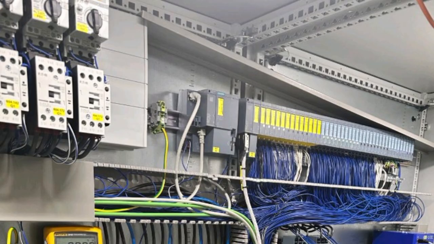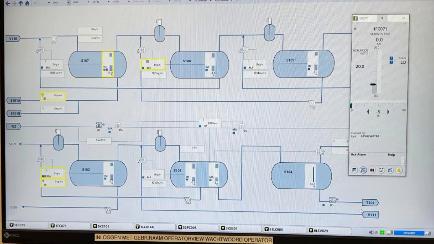Above this, the Supervisory Control and Data Acquisition System, or SCADA, collects data from multiple DCS units, providing centralized monitoring and supervisory control across the facility. The Human-Machine Interface, or HMI, enables operators to interact with both SCADA and DCS systems, visualizing data and issuing commands through intuitive graphical displays.